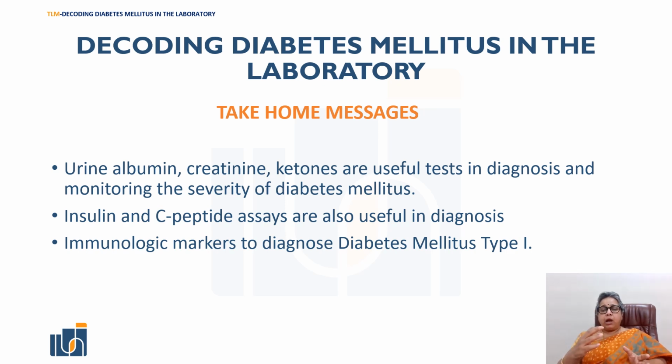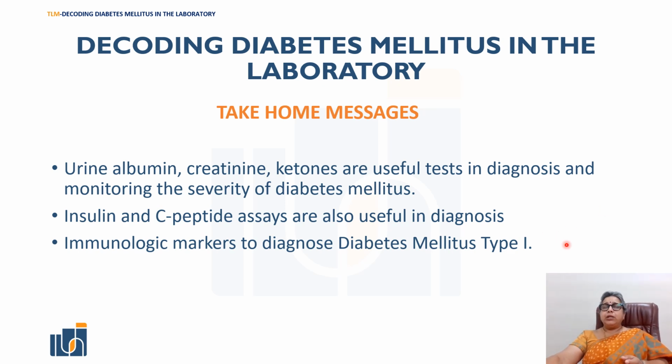We've now covered the specific tests that are useful for the diagnosis of diabetes mellitus, a few of them which serve as baseline tests, a few of them which are useful in monitoring, a few of them which are useful to predict the end organ damage or the damage to other major organs.